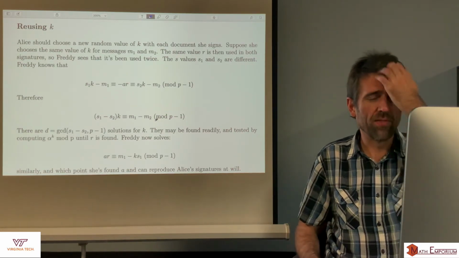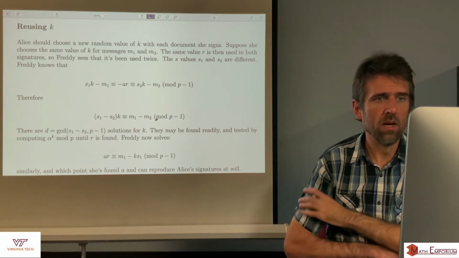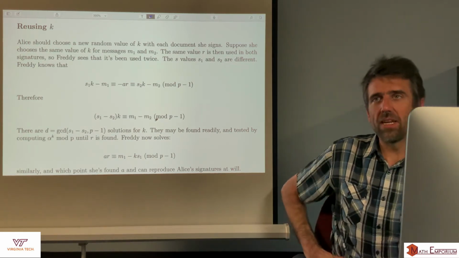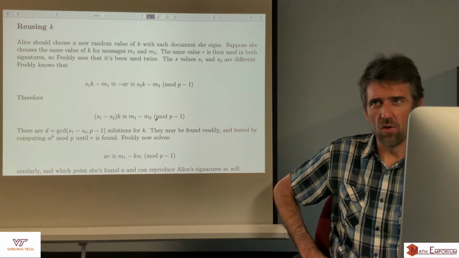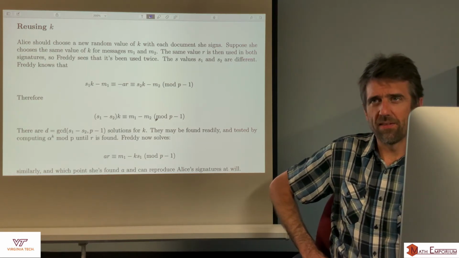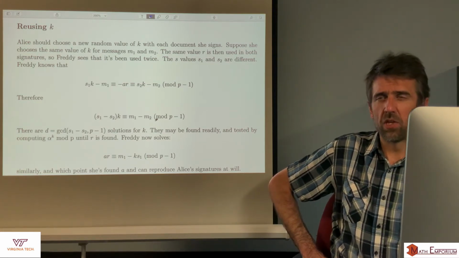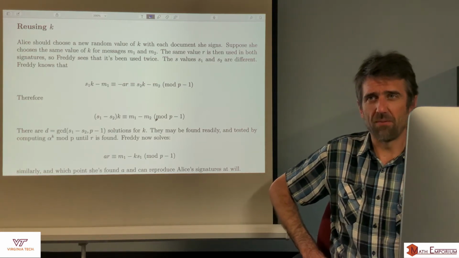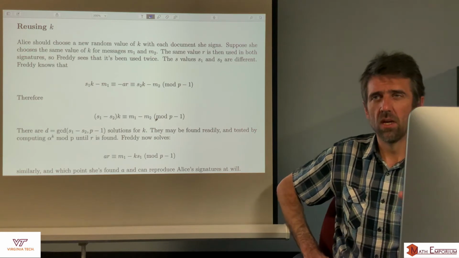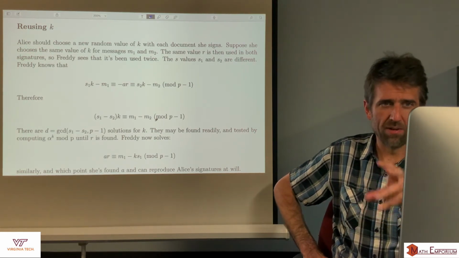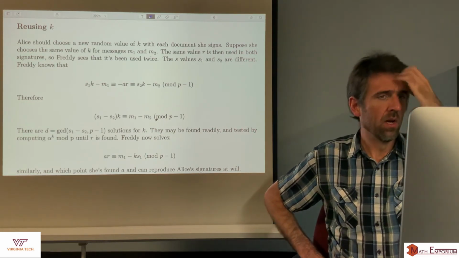Now, one very important thing about utilizing this scheme is that we should never reuse the value of k. That means that any two different signed messages should have different values of r, because different values of k should be used to generate the parameters for that scheme. So let's see why.